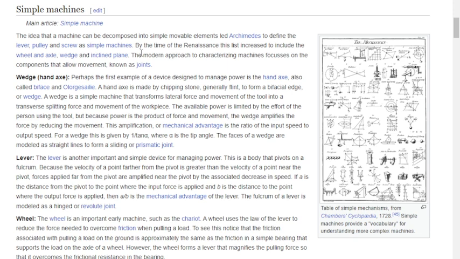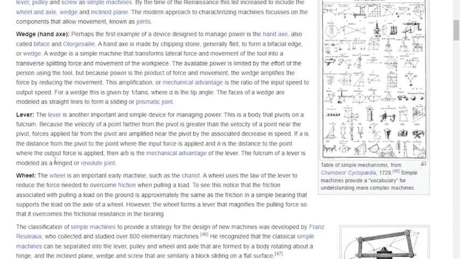If a is the distance from the pivot to the point where the input force is applied and b is the distance to the point where the output force is applied, then a over b is the mechanical advantage of the lever. The fulcrum of a lever is modeled as a hinge or revolute joint.